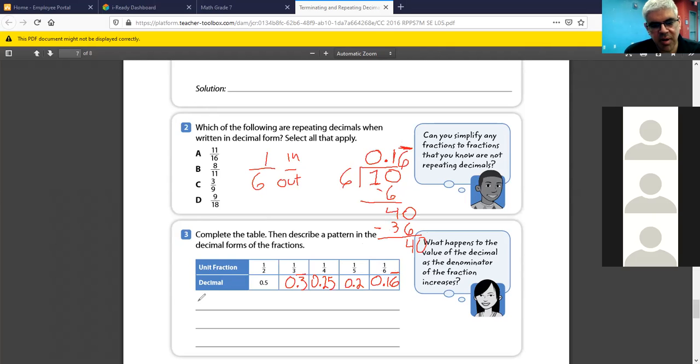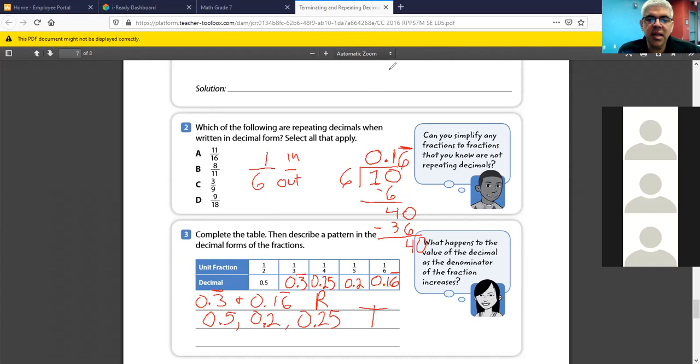So what we write here is 0.3 and 0.16 are repeating, or just R. And the other ones, which is 0.5, 0.20, or 0.2, let's be correct, and 0.25, they are T. They are terminating.